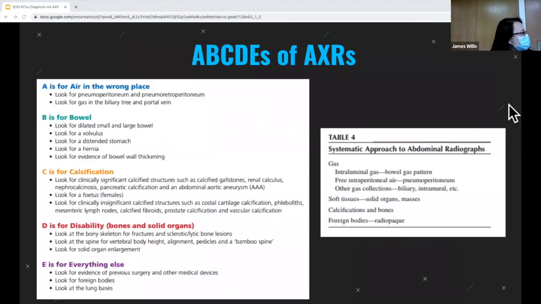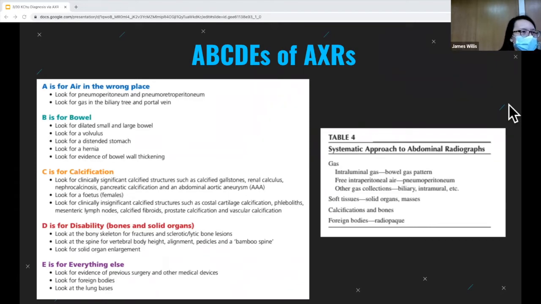So, some systems for how to read an abdominal X-ray: the ABCDEs. A is air. Look for air in the wrong place: pneumoperitoneum, pneumoretroperitoneum. You can look for gas in the biliary tree or the portal vein. B is for bowel. Look for dilated loops, large and small bowel, look for a volvulus, distended stomach, a hernia.